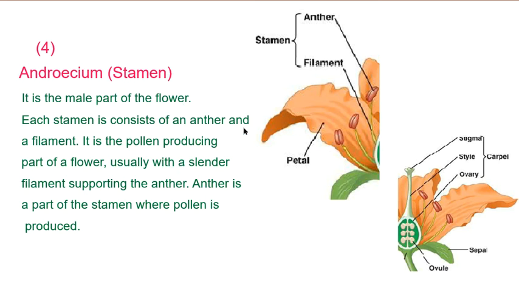It usually has a cylindrical filament supporting the anther, or you can say on this filament the anther is attached. Anther is the part of the stamen where pollen is produced. This is the anther, and inside this anther pollen grains are produced.